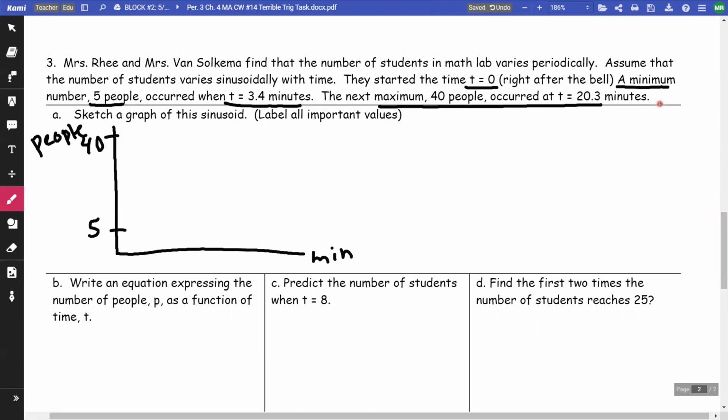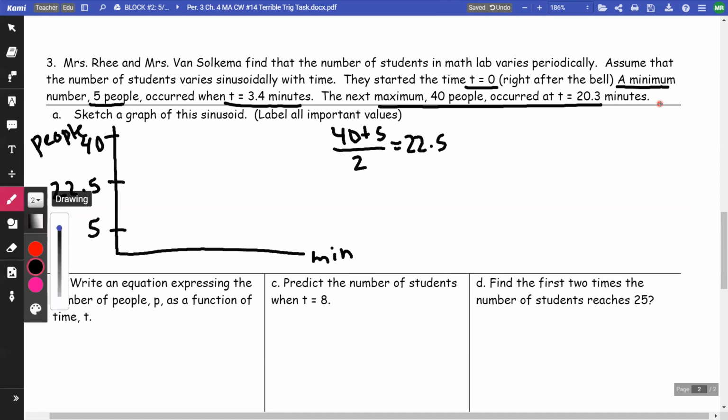So if I want to figure out the value in between, I'm going to average. I'm going to take my 40 plus my 5, my high and my low, add them together, divide by 2, and I'm going to get 22.5. So this is going to be 22.5, my center.